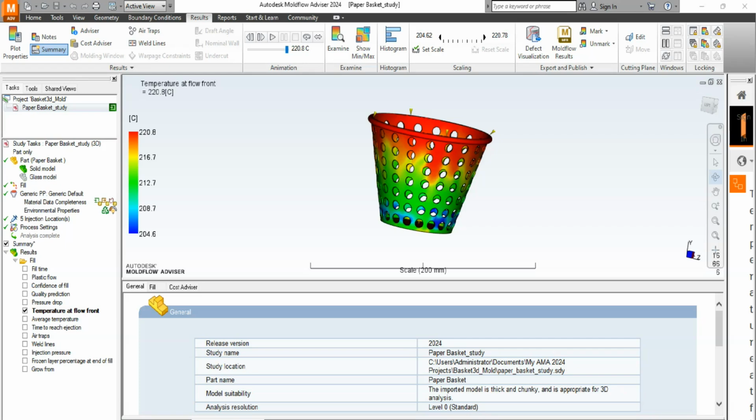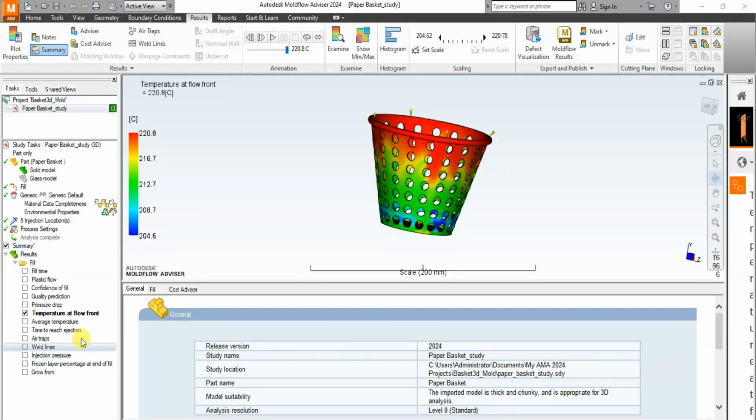Then the cold spots indicating hesitation must also be noted. Then you should also check whether the material is shear heating excessively. So these are very basic things that you need to know as far as the temperature at flow front is concerned. Let's now move to the next thing, which is the average temperature results.